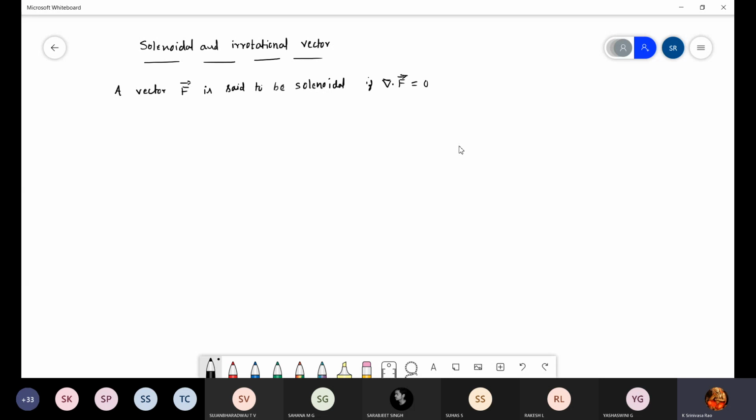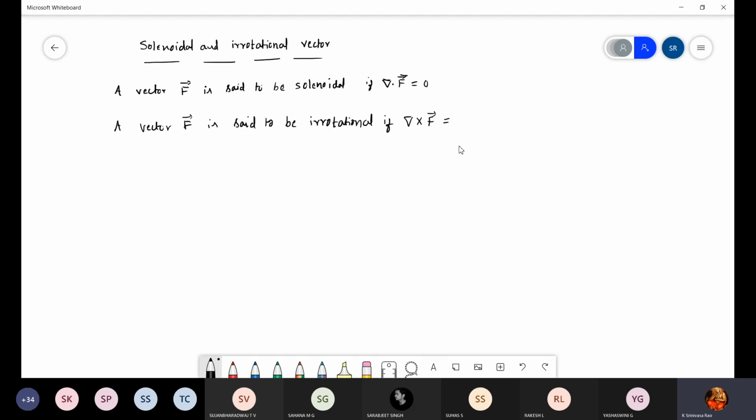Similarly, next line, a vector F, whatever the vector, maybe they will give A or V, any vector is said to be irrotational if del cross F, which is called the curl.